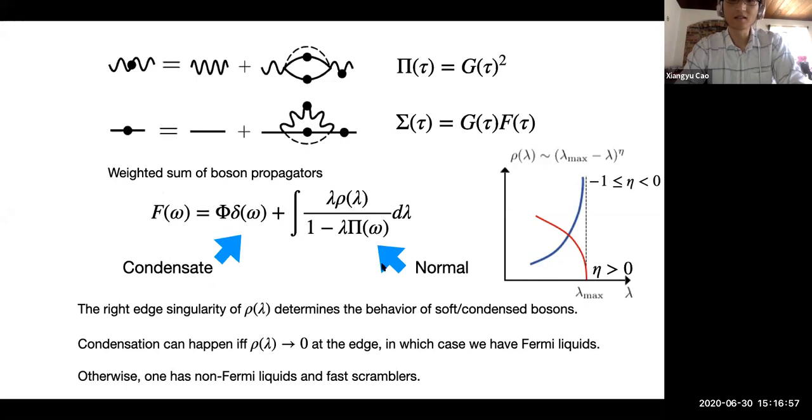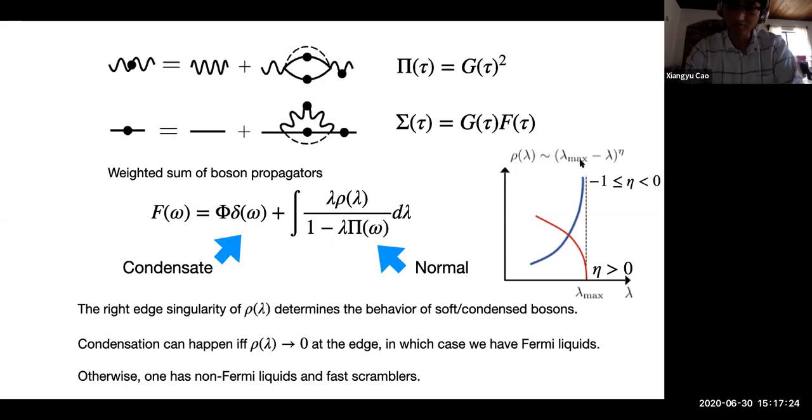And here the shape of the distribution will become important. Most specifically, the shape of the distribution near its maximum, so near lambda max here, will be important because it will determine how the singular part of this term behaves, or in physical terms, how the soft or almost condensed bosons behave.